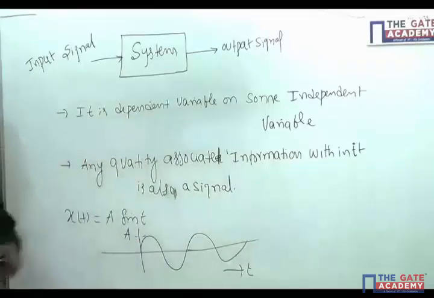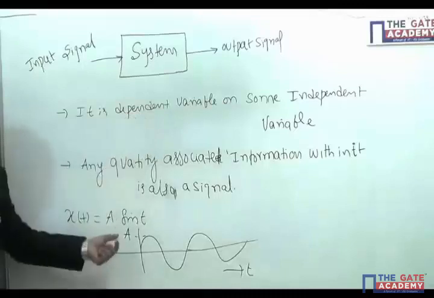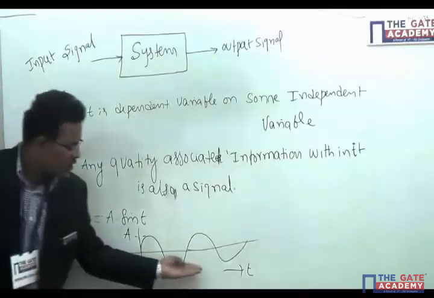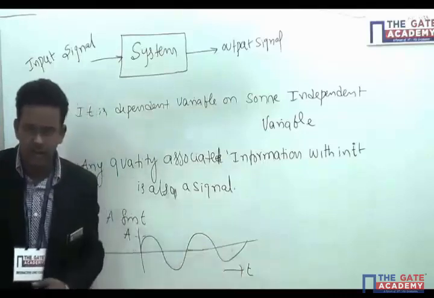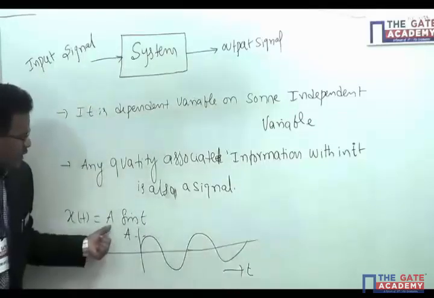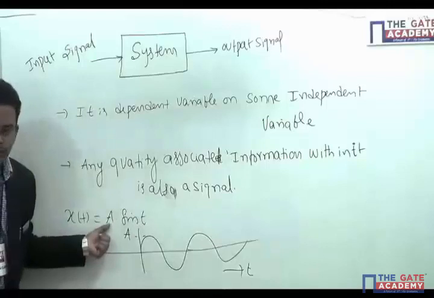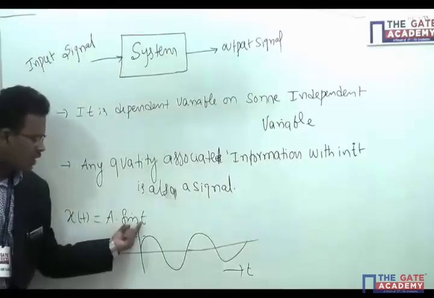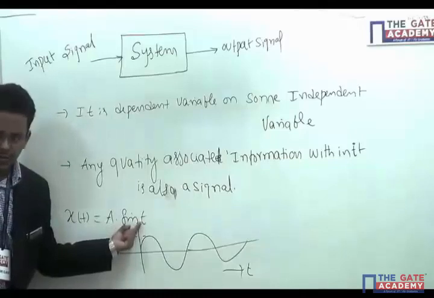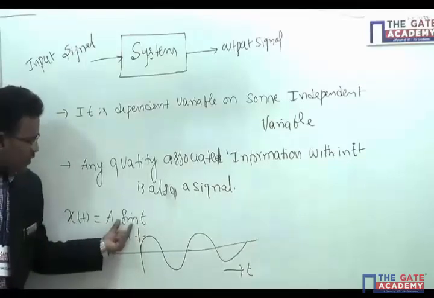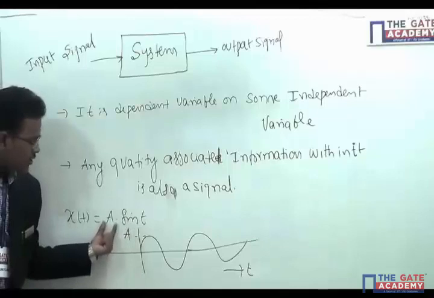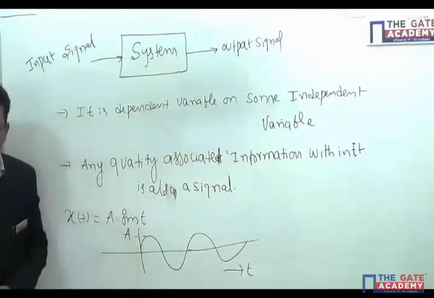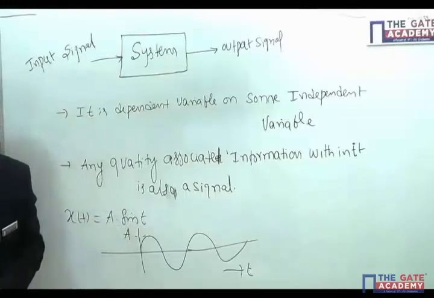Here the amplitude is a dependent variable, depending upon the independent variable time. What information is it giving? Its amplitude information as well as its frequency information. So any quantity associated with some information within it, we can call a signal.